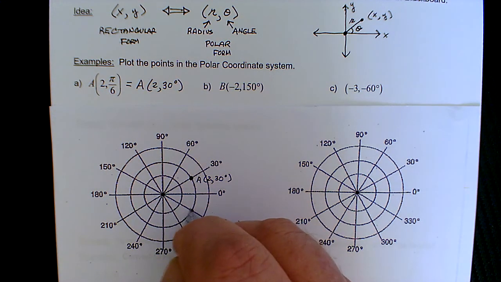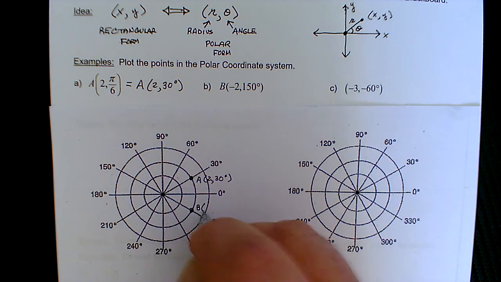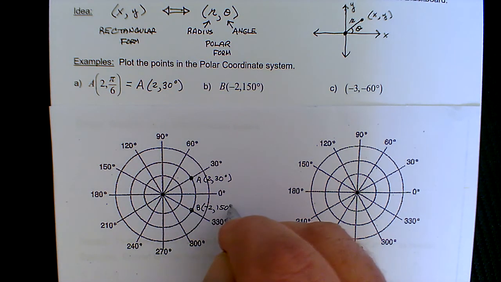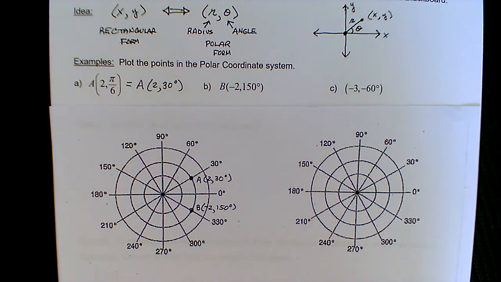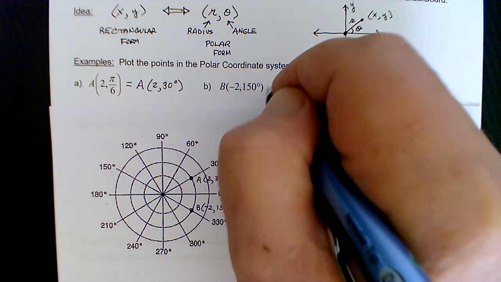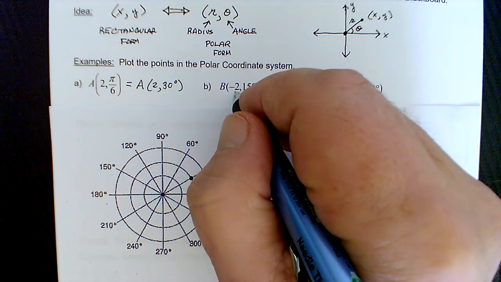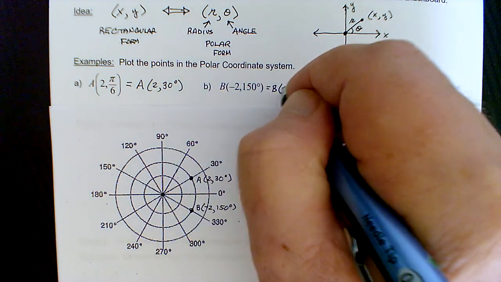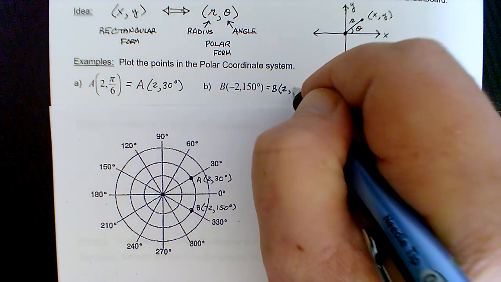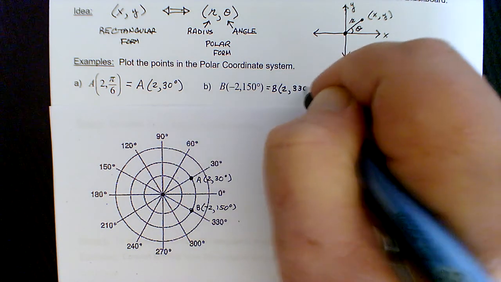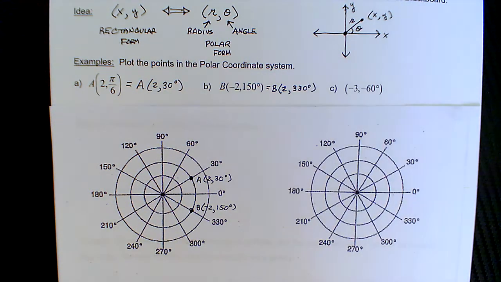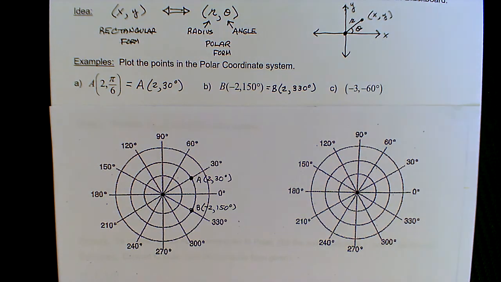So here would be the point B, which is -2 and 150 degrees. But notice that that's the same as saying, if we wanted the radius to be positive, move 2 units along the 330-degree radial line. So that's kind of interesting, the fact that you have two different representations for the same point.